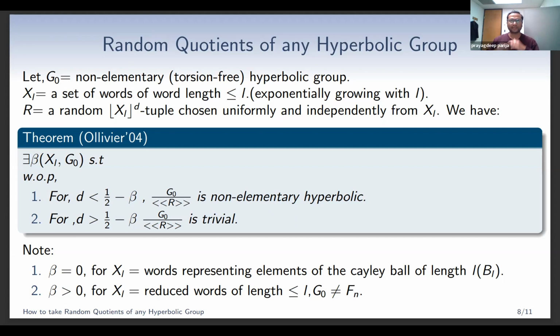So for any hyperbolic group, the correct kind of words to choose from are your normal form words. And in case 2, XL will be larger because there are more words. Okay, understand. For the free group case, they're the same.